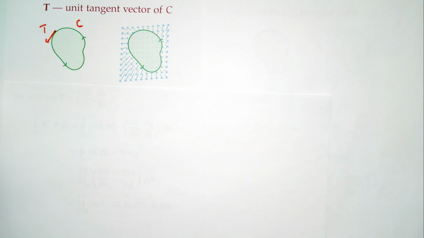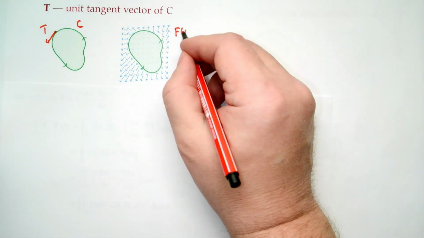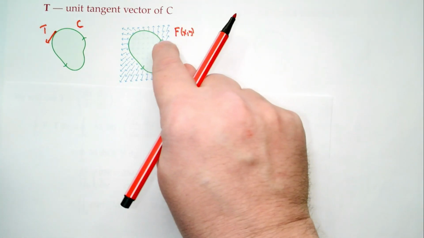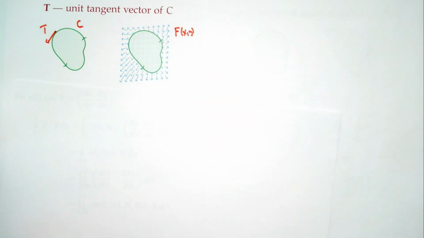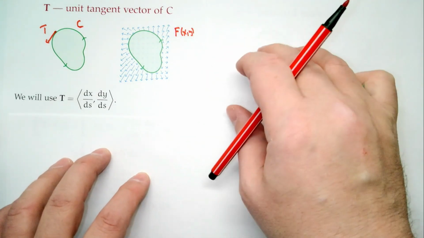And I also have, over here, a force field. So these are the blue arrows, these arrows pointing out. So I can now talk about what's happening on the boundary. So I can look and say, okay, let me do the following.